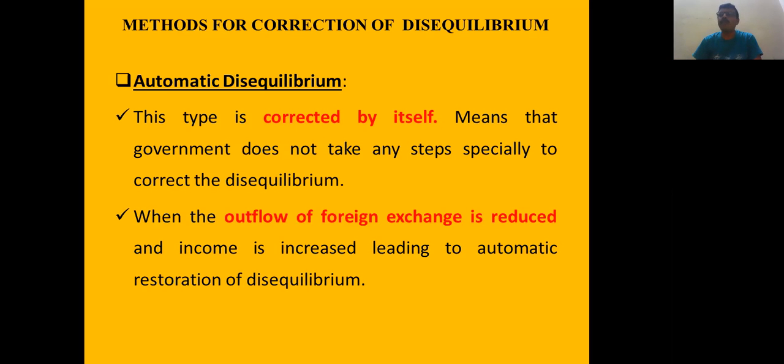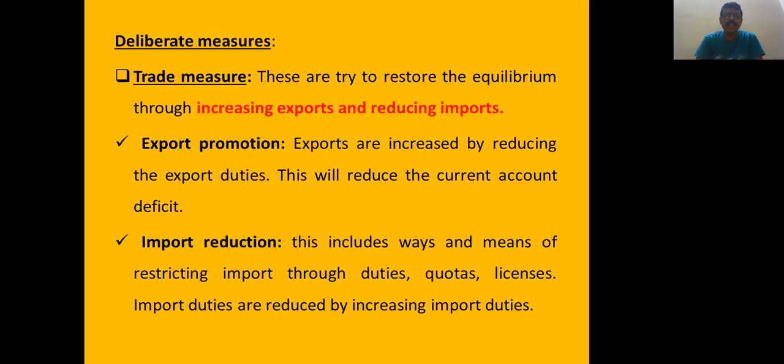Second one is outflow of foreign exchange. If there is a huge amount of imports, what will happen? There is an outflow of foreign currencies. This also will result in correction. Next one is deliberate measures. Deliberate measures means the steps taken by the government to correct the disequilibrium.